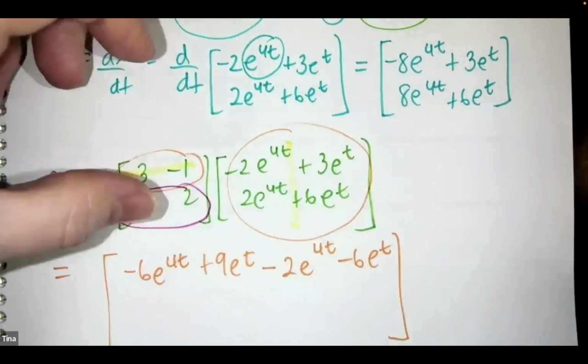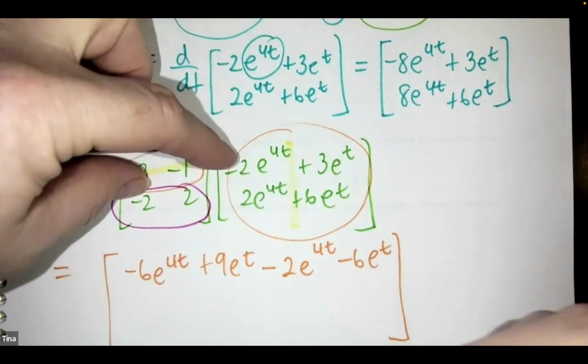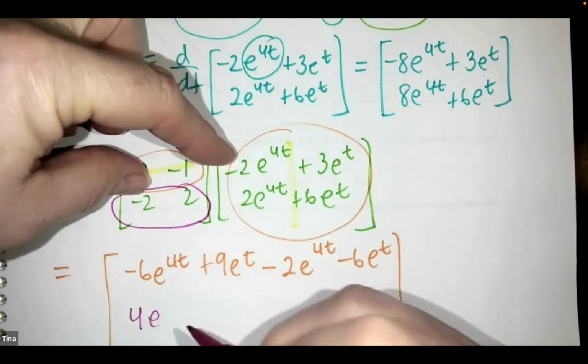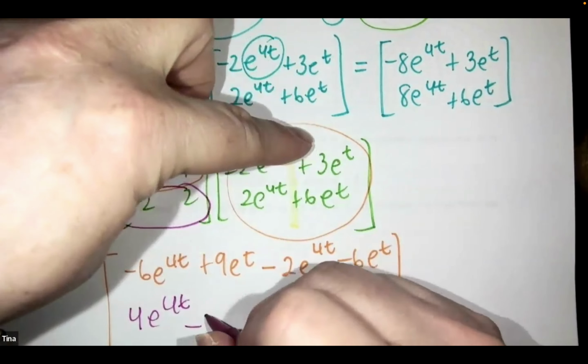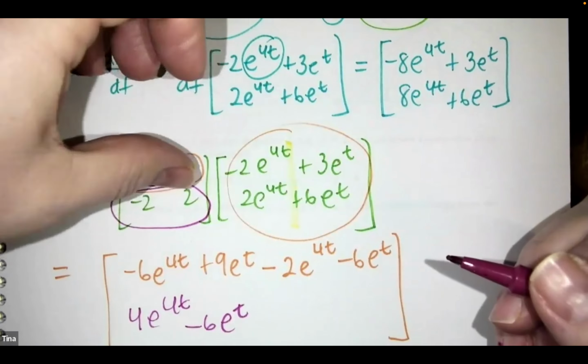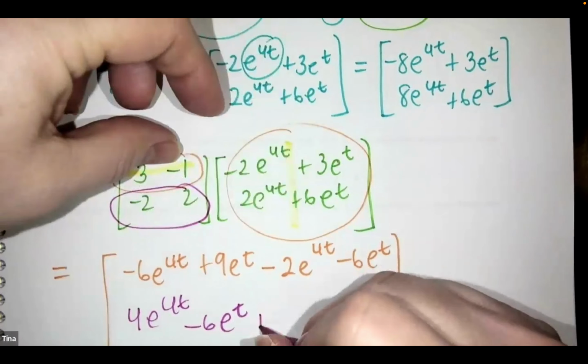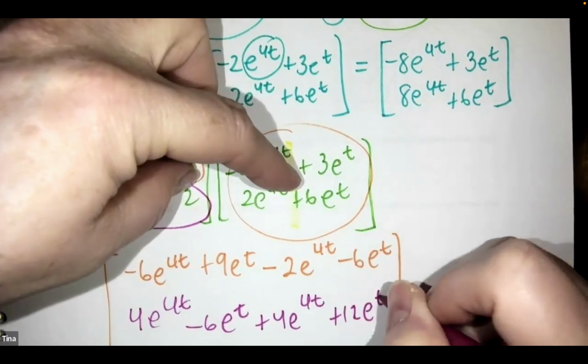And then same thing, bottom row, negative 2 times the top. So negative 2 times this would be 4 e to the 4t. Negative 2 times this would be minus 6 e to the t. And then 2 times all of this. So 4 e to the 4t, 2 times that is 12 e to the t.